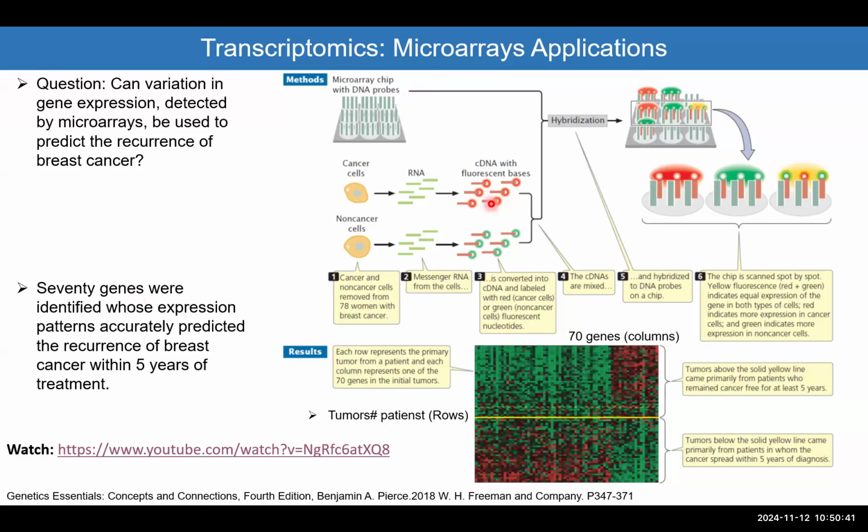Then you need to know how to label the DNA in order to have two different populations, red and green. And this process is a hybridization, so it's really sequence specific. So the probe for each of these genes has to be very carefully selected so that it picks only that gene, not other genes. And overall, when you combine all this expertise together, you end up having the microarray analysis.